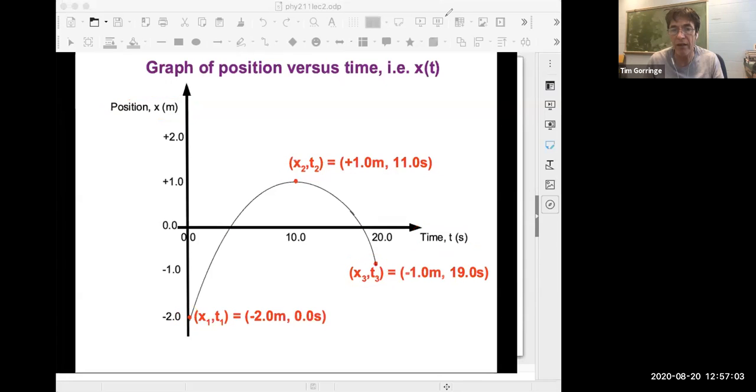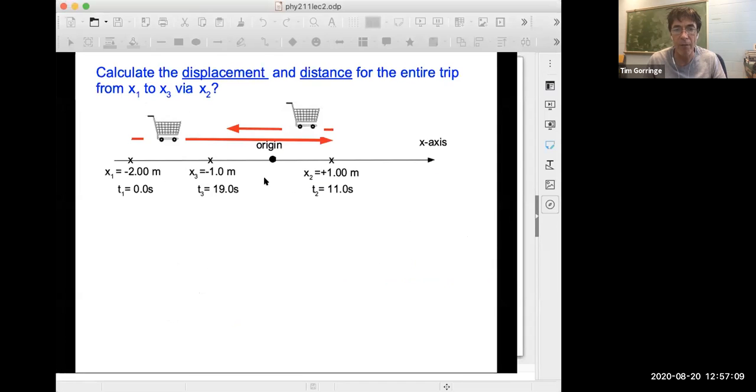Okay, I'll clear that and I'll go on to the next slide. And on the next slide, I've just annotated the slide with those 3 sets of coordinates: when the cart started, the intermediate position of the cart, and then the final position of the cart.